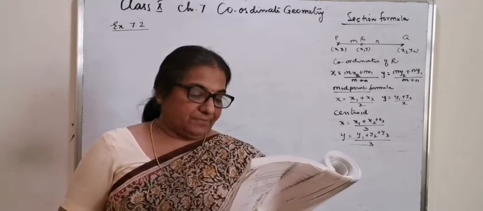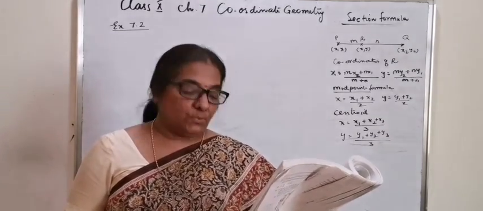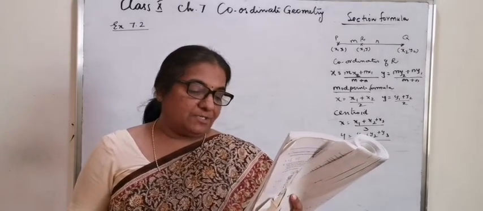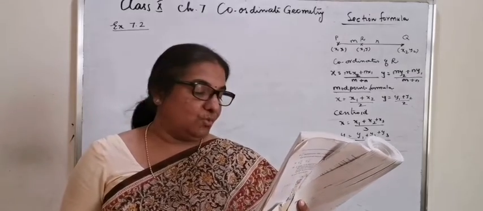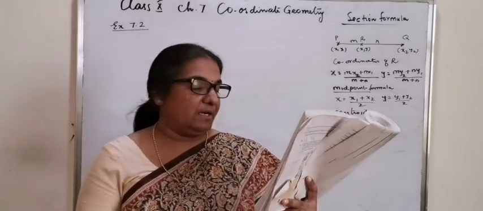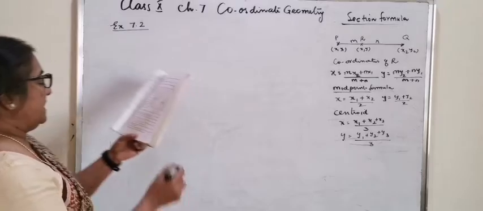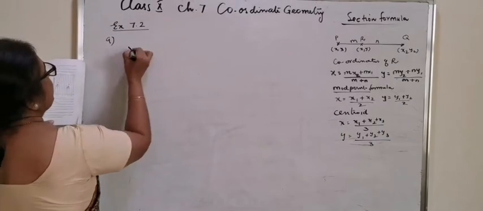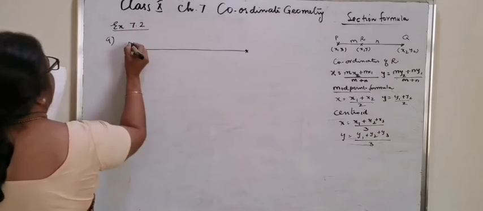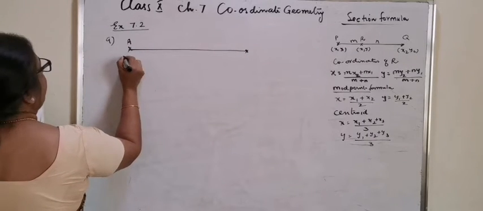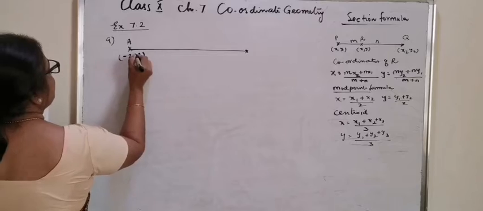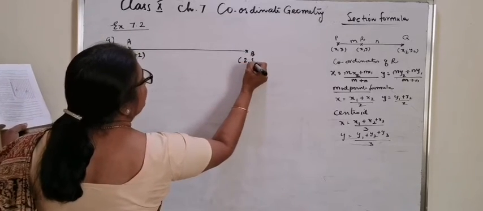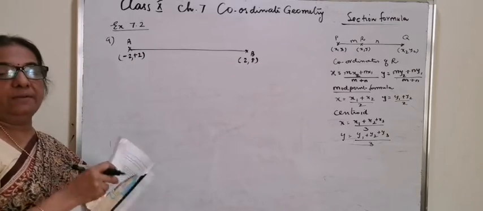Question number 9. Find the coordinates of the point which divides the line segment joining A minus 2, 2 and B 2, 8 into 4 equal parts.